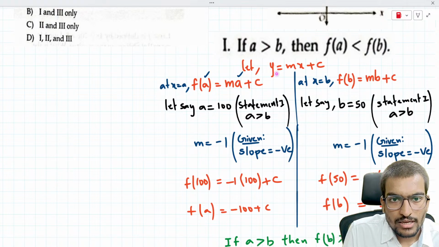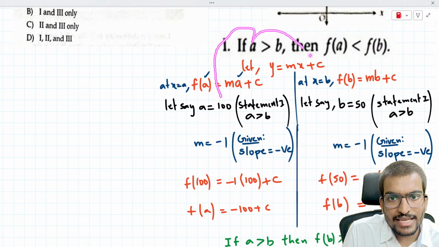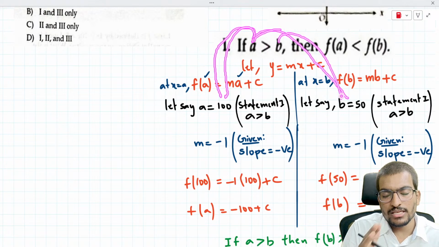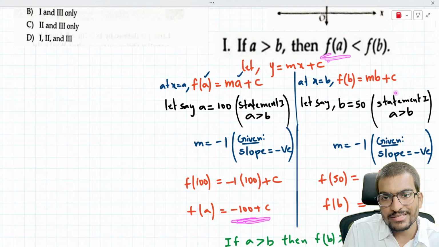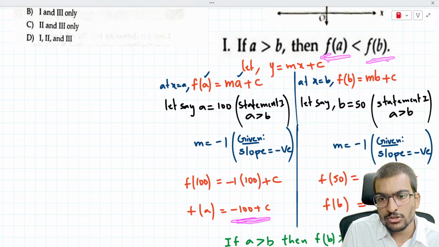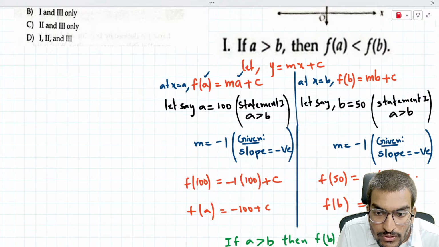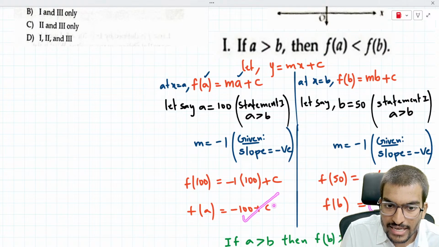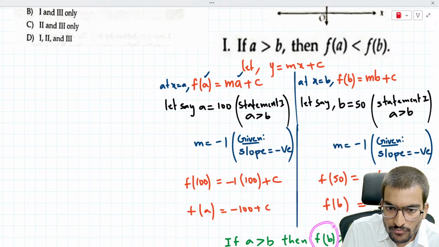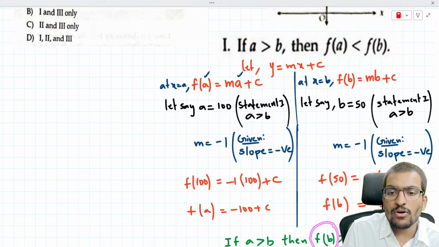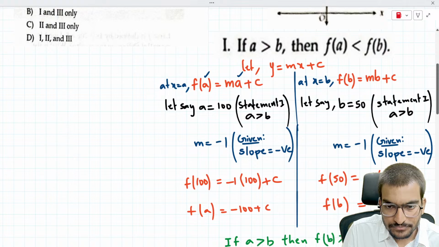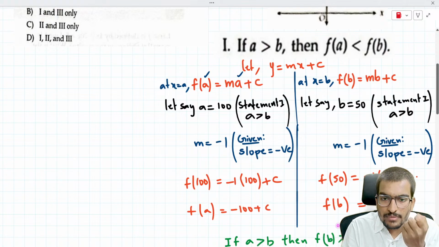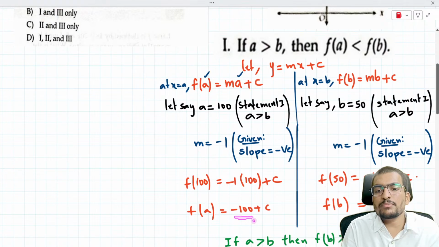When a value is greater than b value, when a value is 100 and b value is 50, what's happening to f of a? You're getting -100 plus c. What happens to f of b? -50 plus c. -50 is bigger than -100. f of b is greater than f of a, because -50 is a bit bigger and -100 is even smaller.